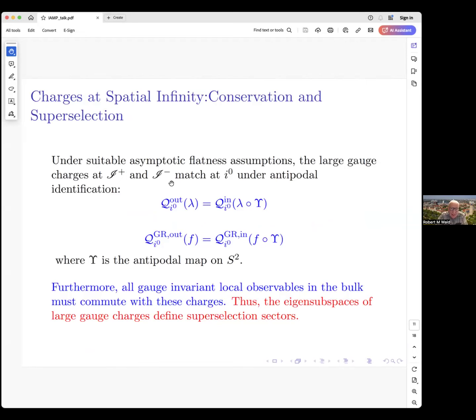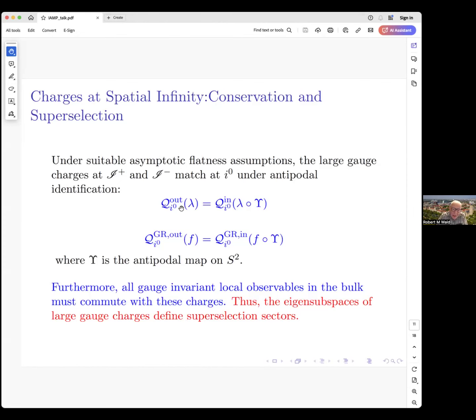One is that under rather general, although not completely general, suitable asymptotic flatness assumptions, we can look at future null infinity and go to I naught, going to the asymptotic past at future null infinity, or we could go to past null infinity and go into the future to get to, limiting toward, spatial infinity.